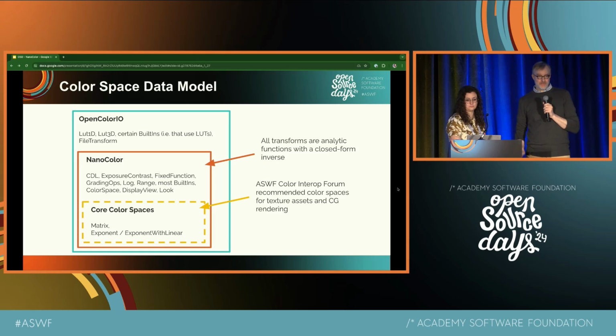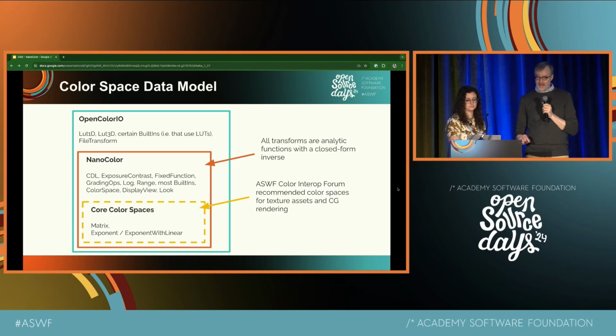So let's talk briefly about the data model. In the blue rectangle are all of the transform types that full OCIO supports. And this includes things like 1D LUTs, 3D LUTs, various other file transforms. The orange box are the transforms that will be supported by NanoColor. And this includes only transforms that are analytic functions with a closed form inverse.